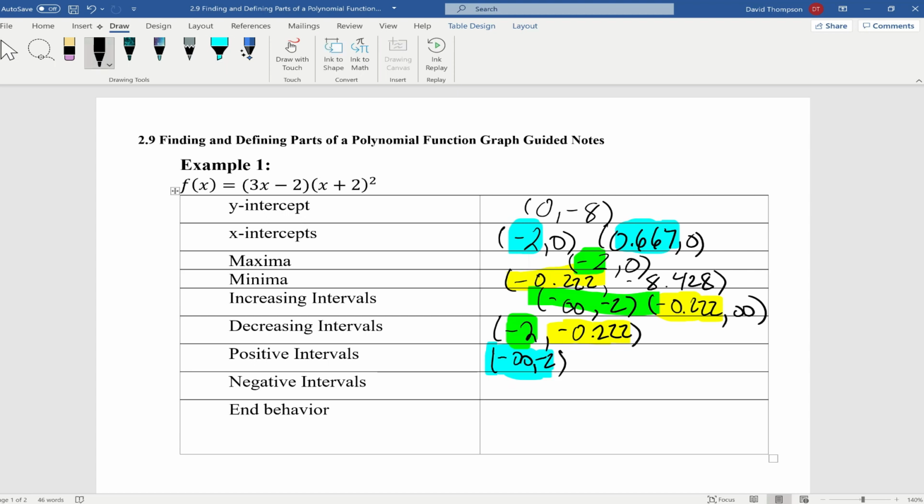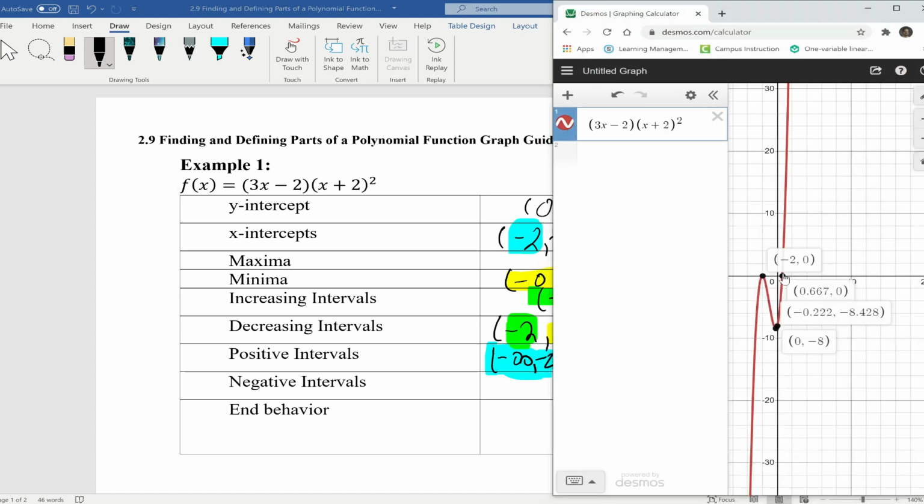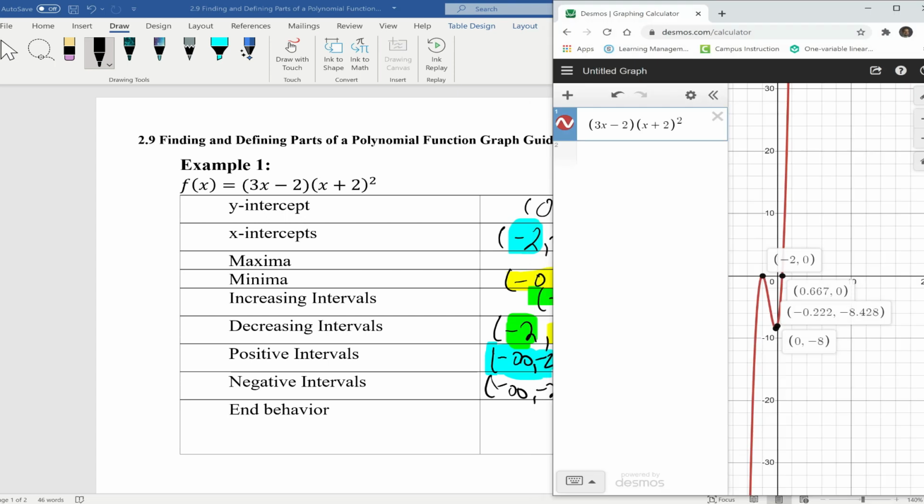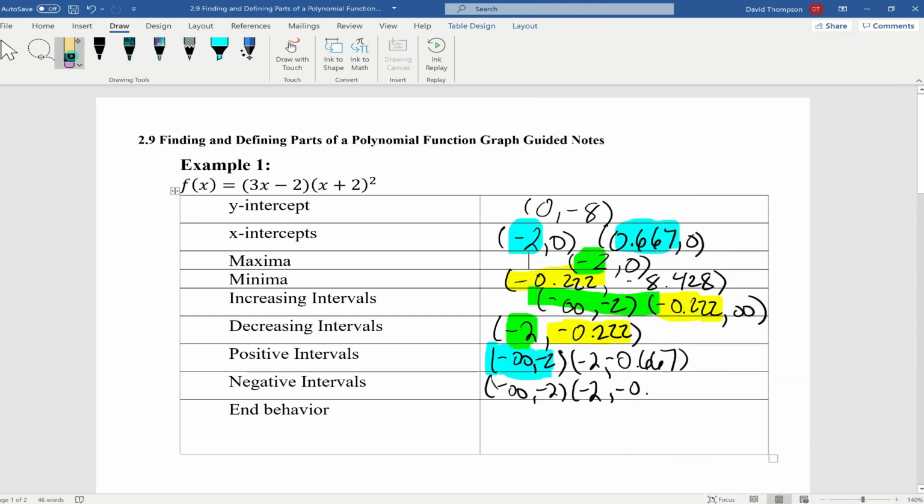And then we're going to continue going from -2 to, where do we break the x-axis? We break the x-axis at positive 0.667, and these should be negative intervals, by the way. So let's just fix that. Negative infinity to negative 2, and negative 2 to positive 0.667.